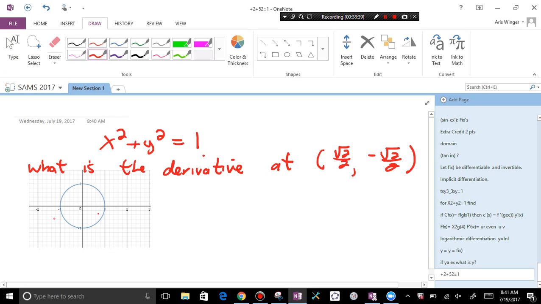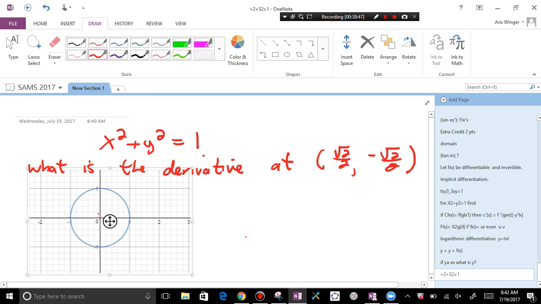Oh, maybe it's that. Okay, here we go. We're asking about the slope here, and we want to find this equation. So square root of something like that, right?